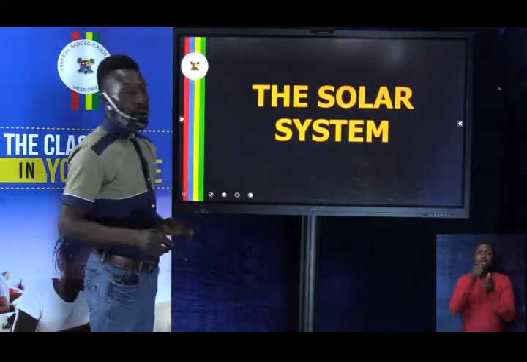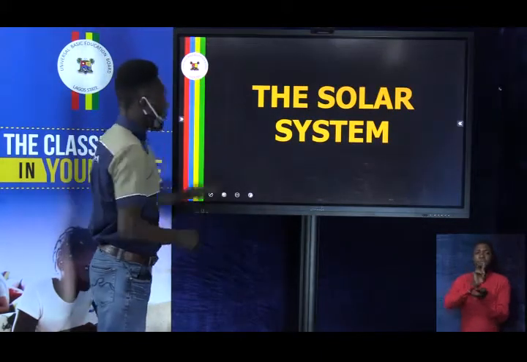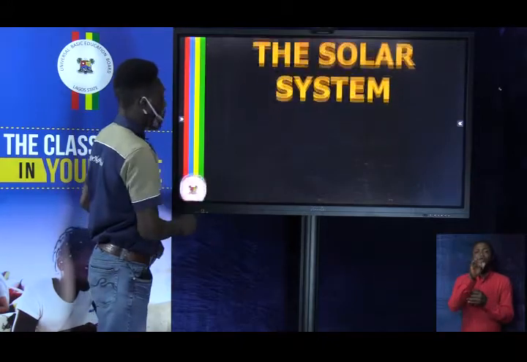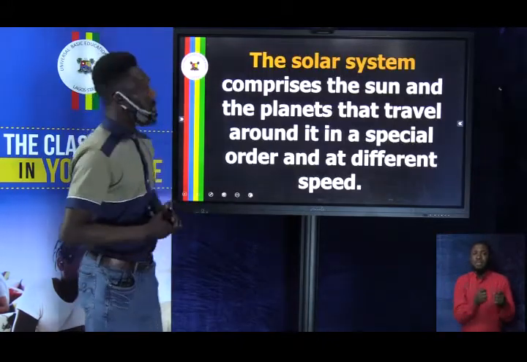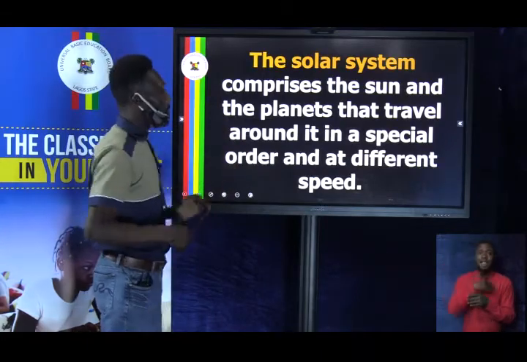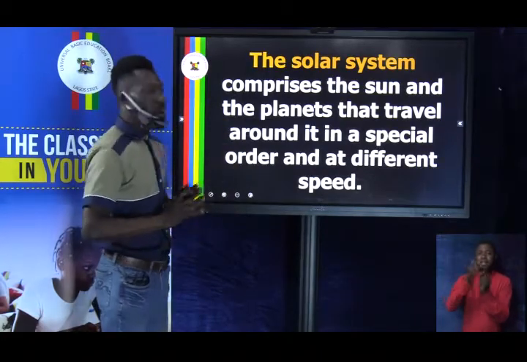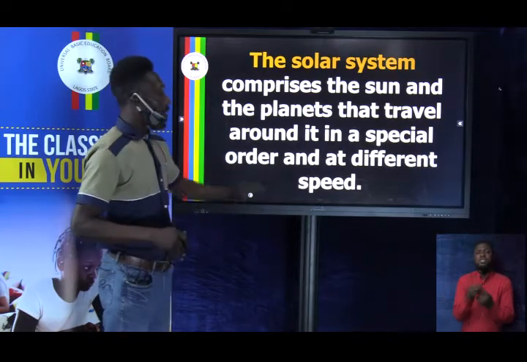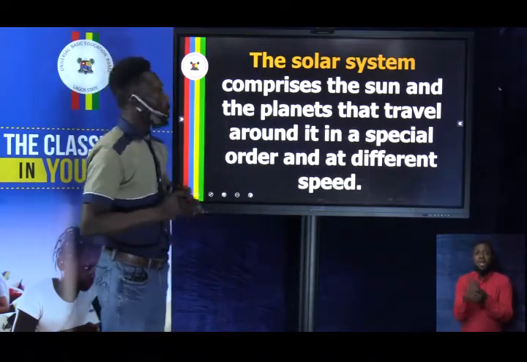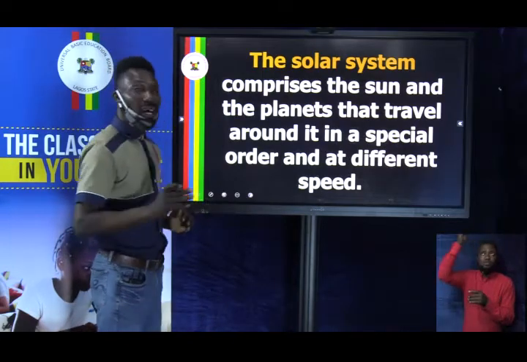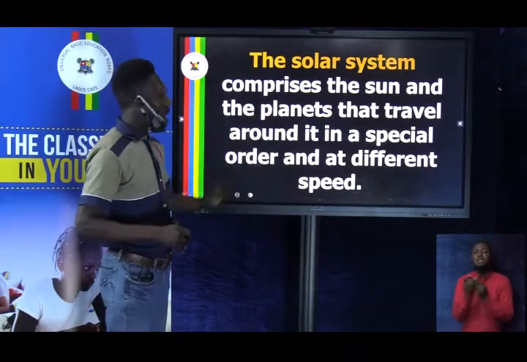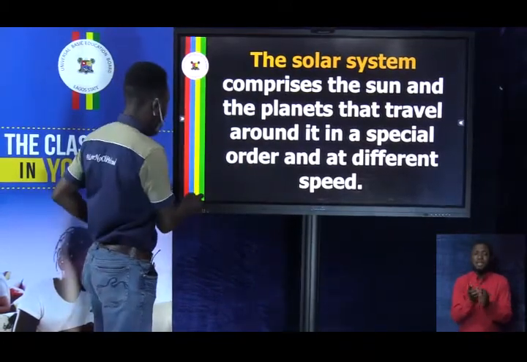Good. That is the song, and it's talking about the 8 planets. Now let's look at the solar system. The solar system comprises the sun and the planets that travel around it in a special order and at different speeds.